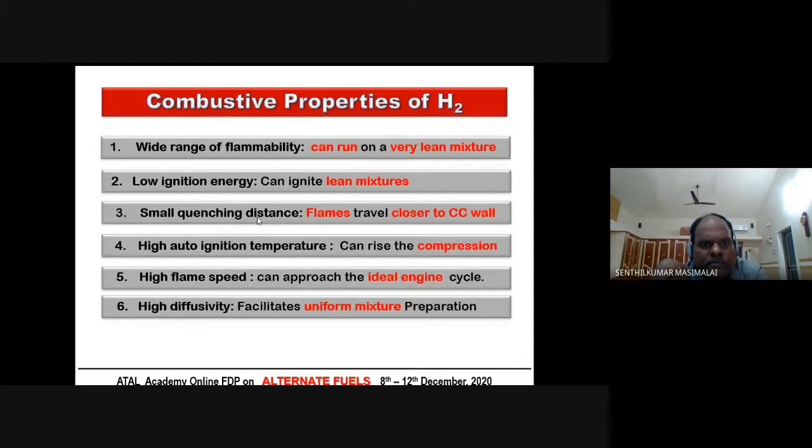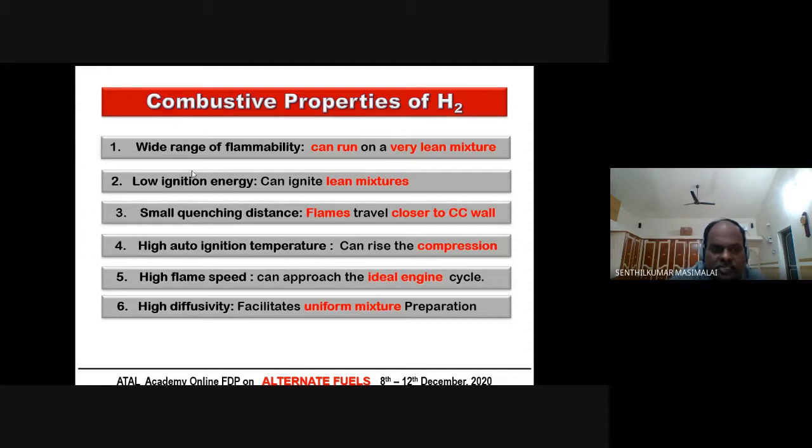So we have seen wide flammability limit, low ignition energy, then high auto ignition temperature. This is something confusing. I told you hydrogen can be easily ignited. That means that for igniting hydrogen, you need a small amount of energy, but you need some ignition source.